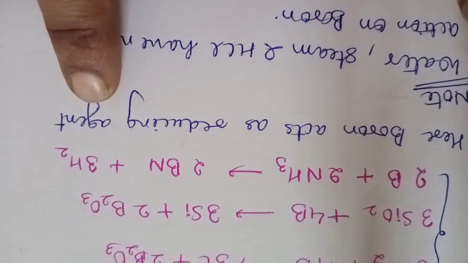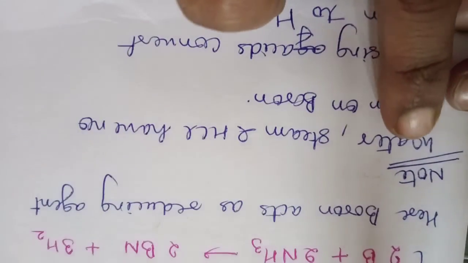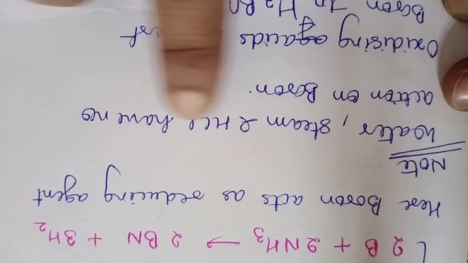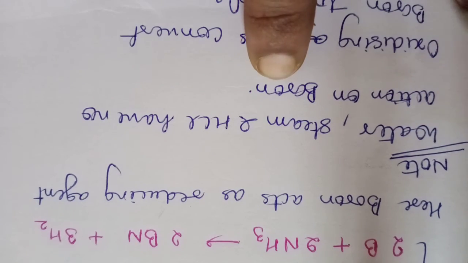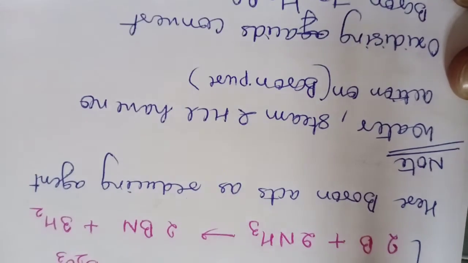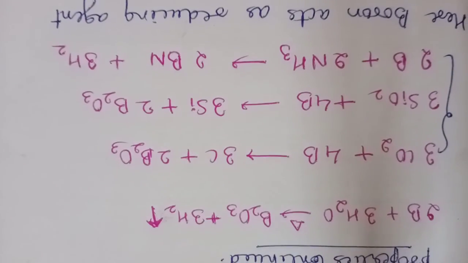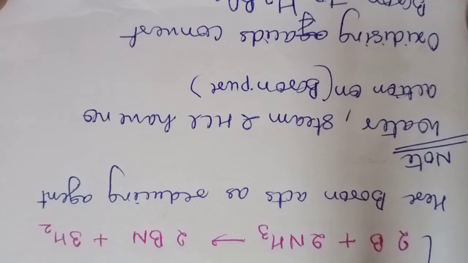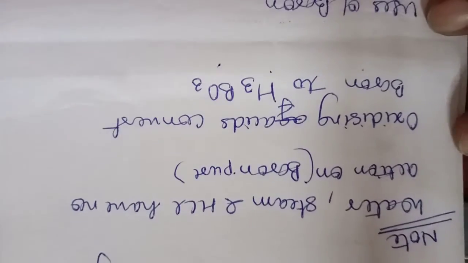Hence boron acts as a reducing agent, and we need to know that water, steam and HCl have no action on pure boron. Oxidizing acids convert boron to boric acid. This is an important point which you can note down. You can pause the video and note it down.